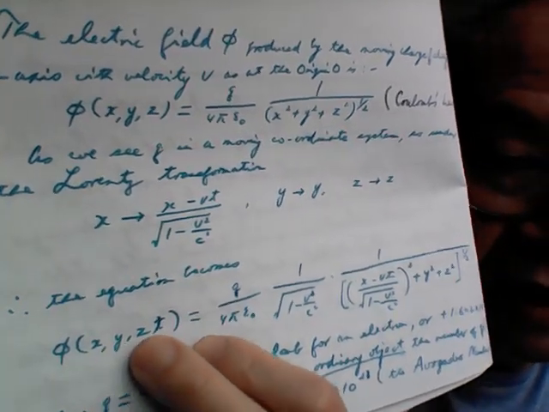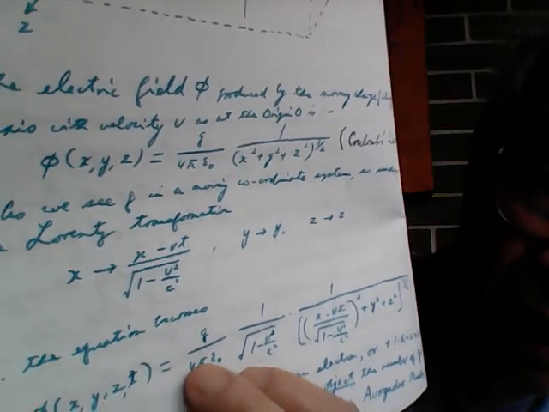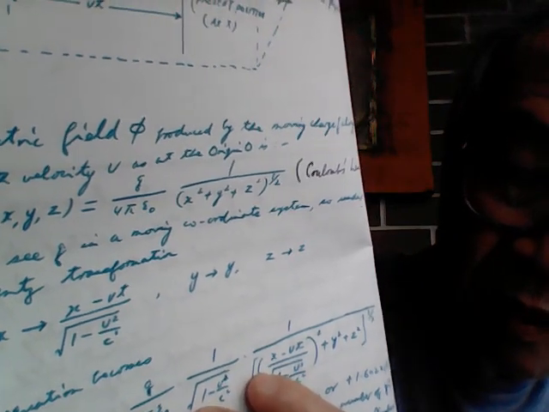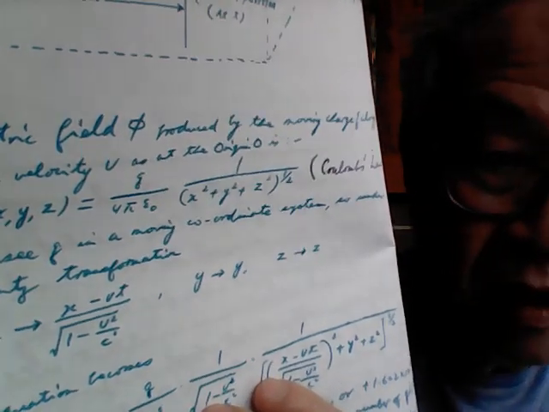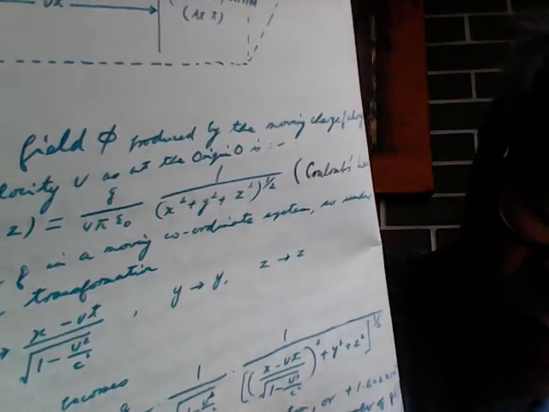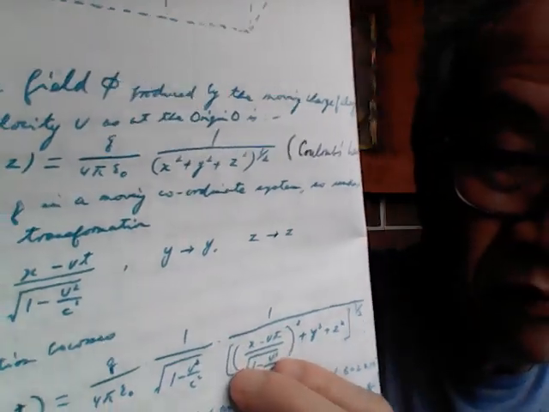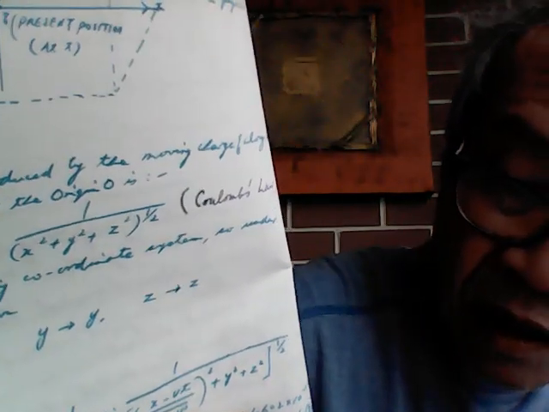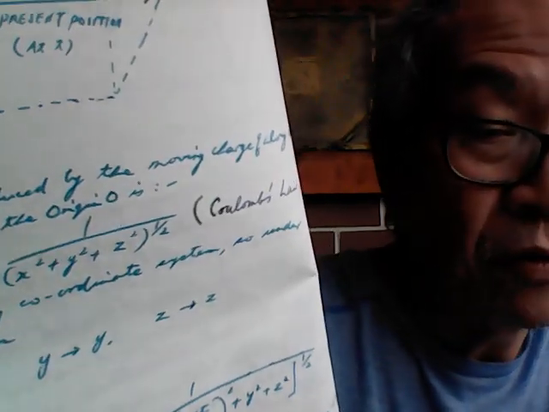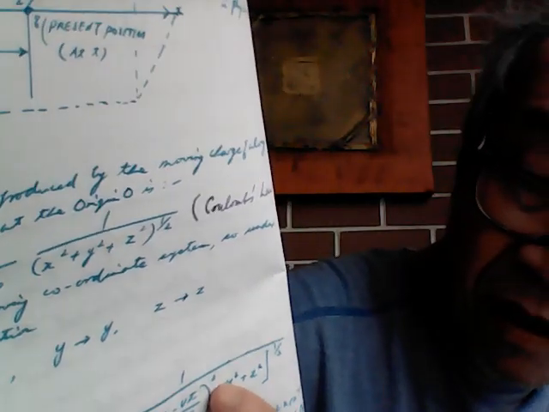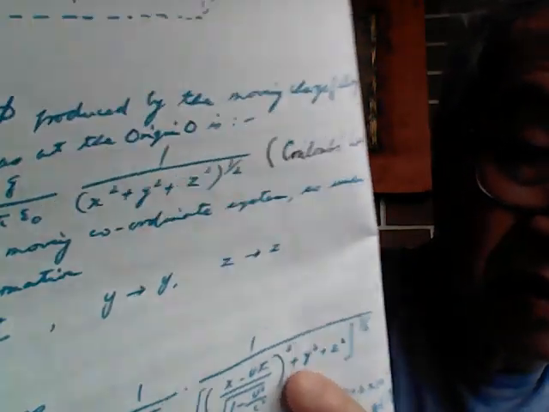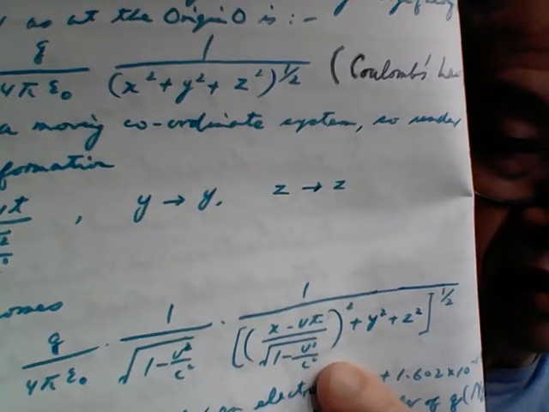phi of x, y, z, t is equal to q divided by 4 pi epsilon naught, times 1 over the square root of 1 minus v squared over c squared, and times 1 over the square root of the quantity x minus v times t, divided by the square root of 1 minus v squared over c squared, all squared, plus y squared plus z squared, all to the power 1 over 2.